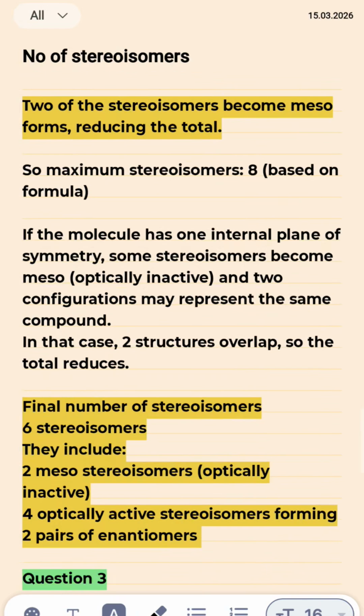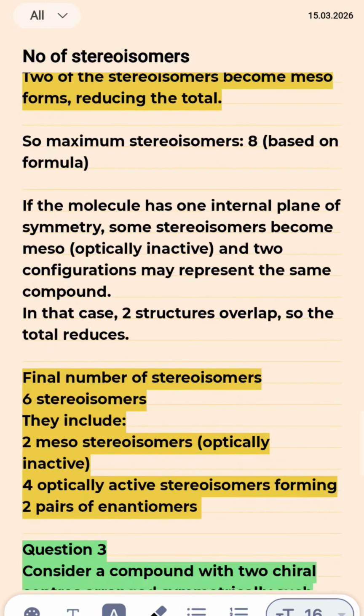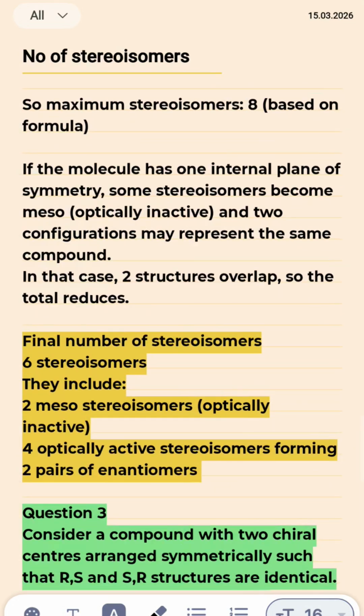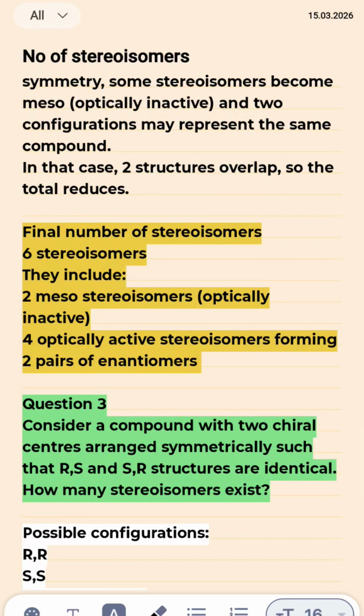If the molecule has an internal plane of symmetry, then some stereoisomers become optically inactive; they are the meso forms, and two configurations may represent the same compound. In that case the two structures coincide into one, so the total number reduces.